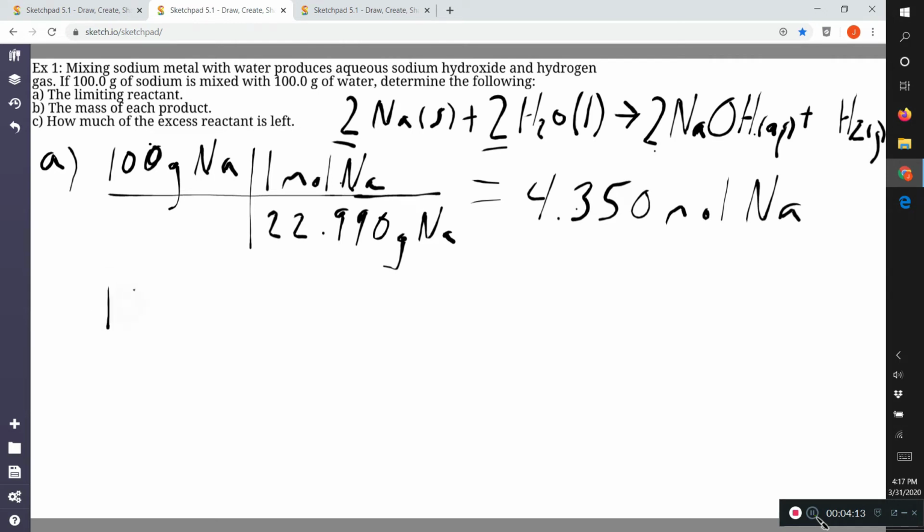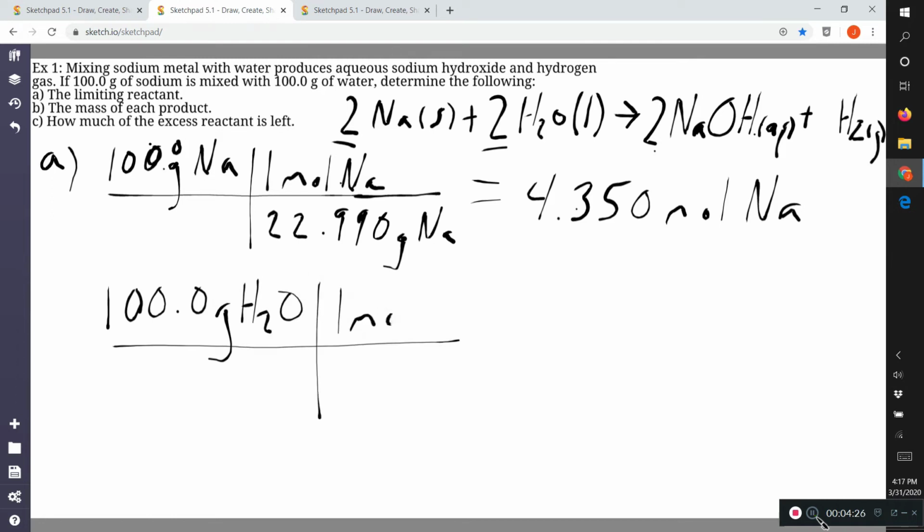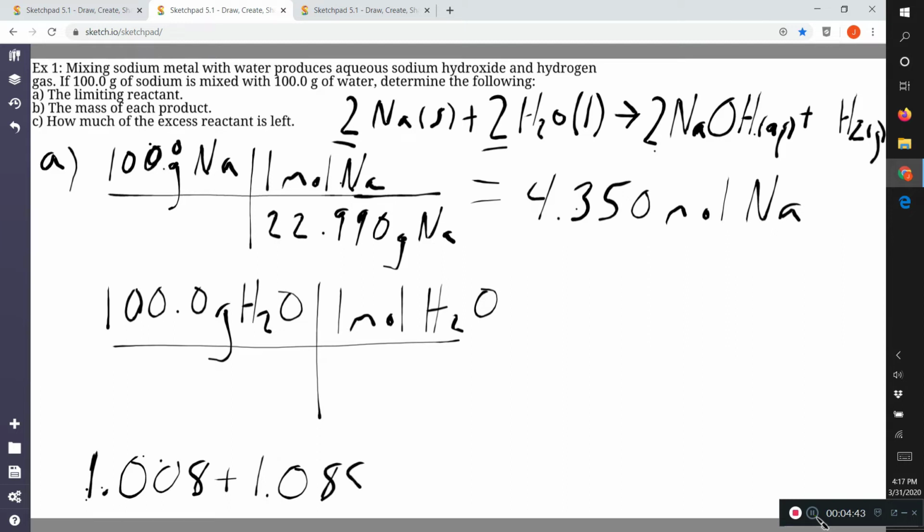So for the water, I have 100.0 grams of H2O and 1 mole of H2O. Now remember, we have to add up 2 H's and an O to find our molar mass. So that's 1 point each off our periodic table. Each hydrogen is 1.008 and 1 oxygen atom is 15.999.